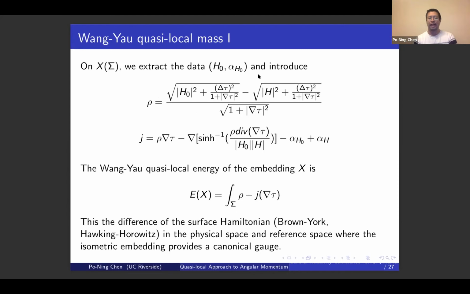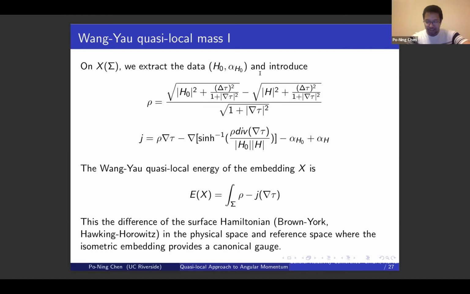If you change to a different tau, your isometric embedding is going to change. Your H0 will change, and also change globally. Even if you change tau around a point, then on the whole sphere your rho is going to change. Similarly, your J is going to change.